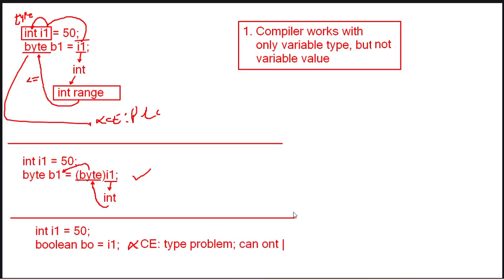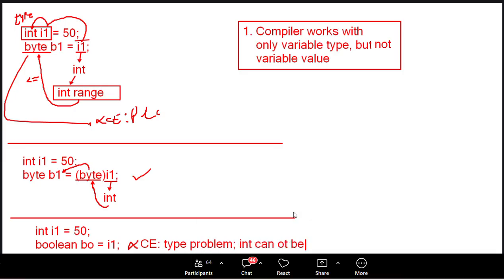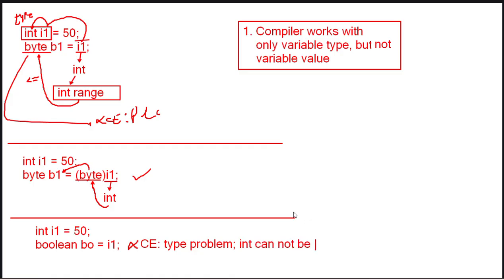What is this? Cannot convert int to boolean.